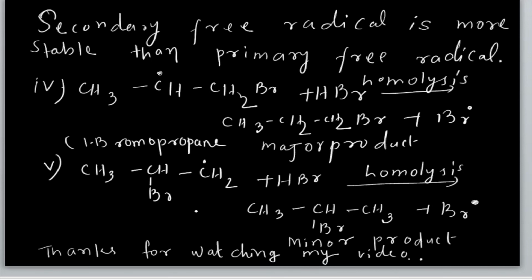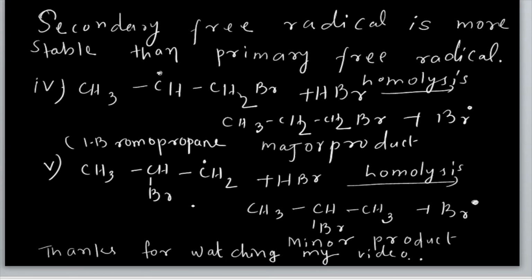Again see, there are 2 types: symmetrical alkene and unsymmetrical alkene. For a symmetrical alkene there is no problem at all, because both sides have the same number of carbon and hydrogen. So with HBr there is no problem, the same product is produced.